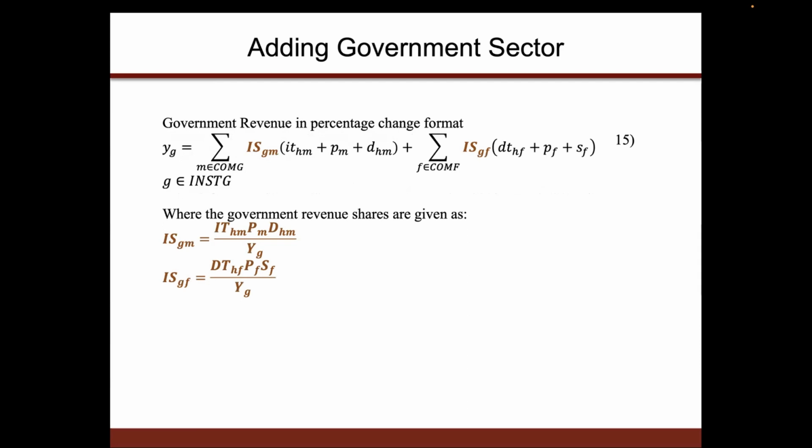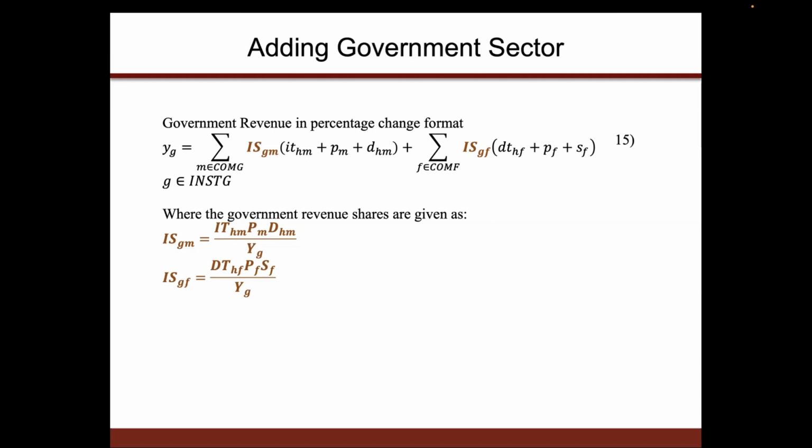So the government's revenue in percentage changes is given as the sum over the commodities of the revenue shares times the percentage change in the effective tax rate plus the percentage change in the prices plus the percentage change in household consumption of each of the commodities.